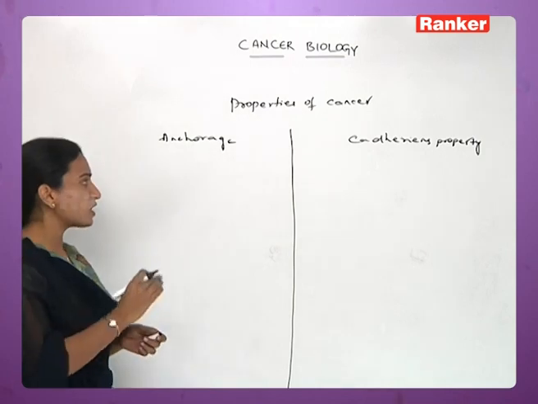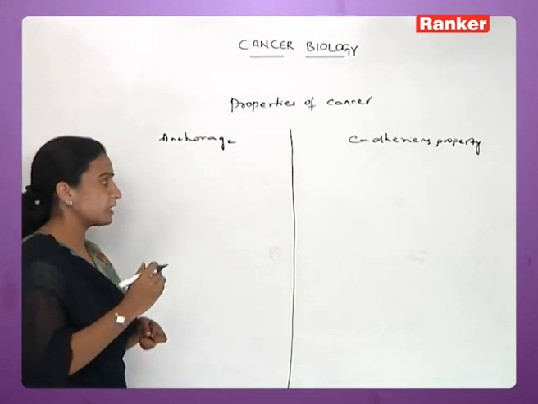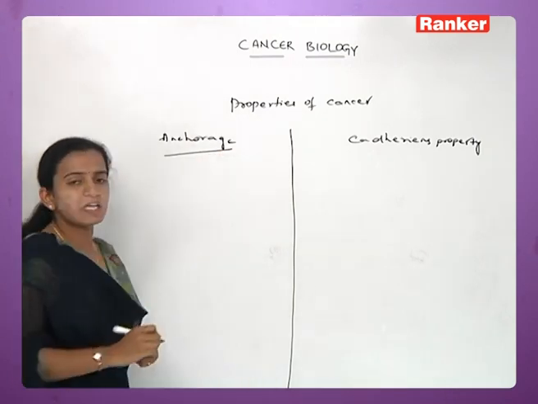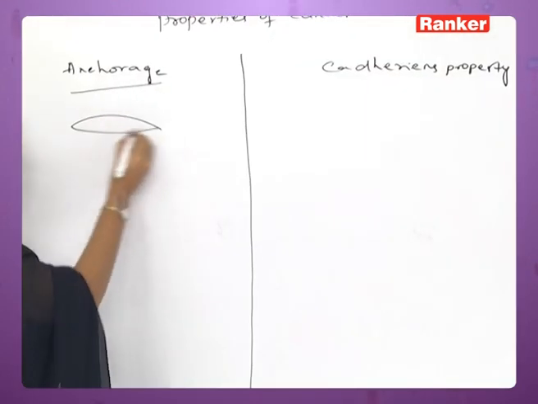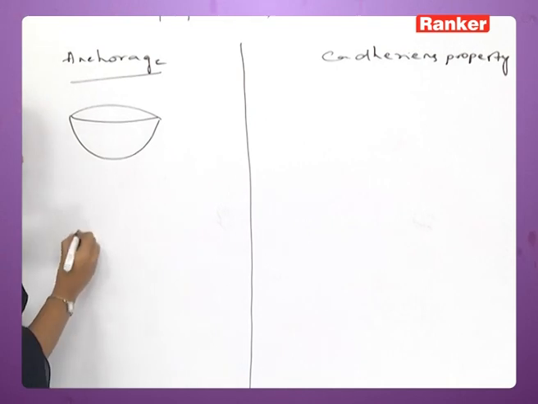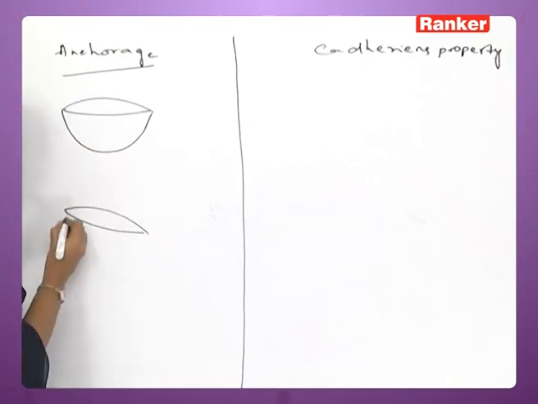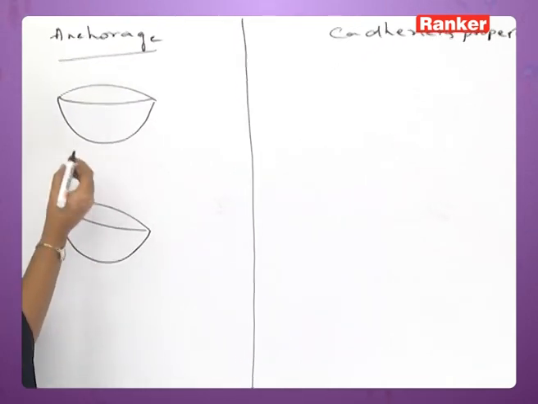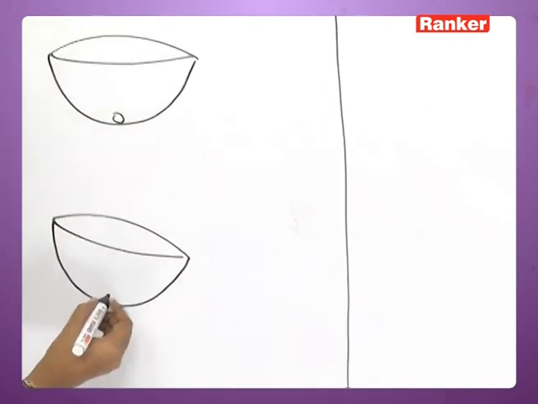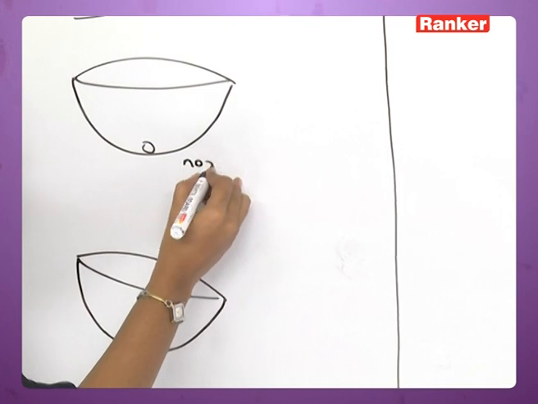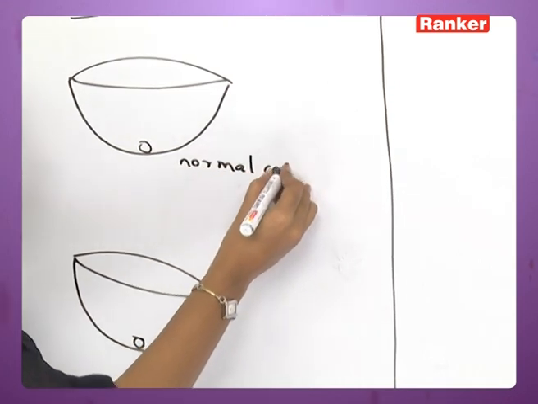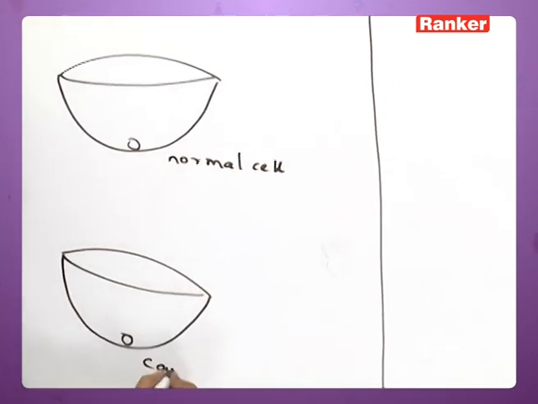While coming to the anchorage property, let us take an example. If there is a vessel, let us take two vessels, where you can put a normal cell in one, and here you need to put a cancer cell. So this is a normal cell and this is a cancer cell.